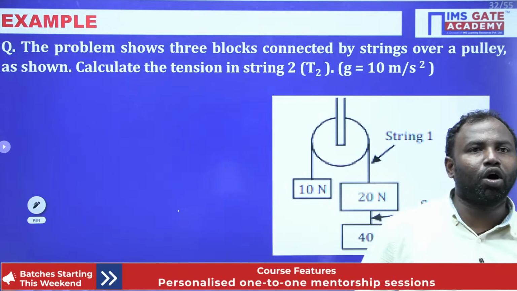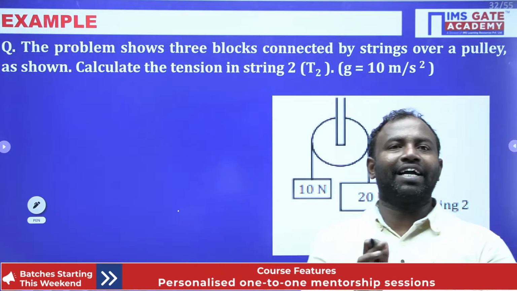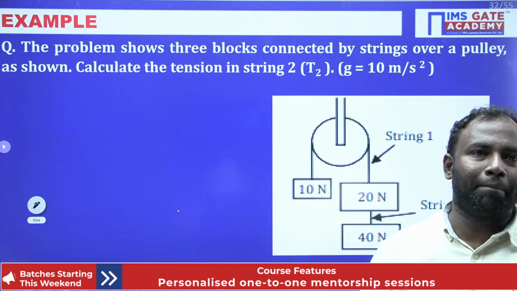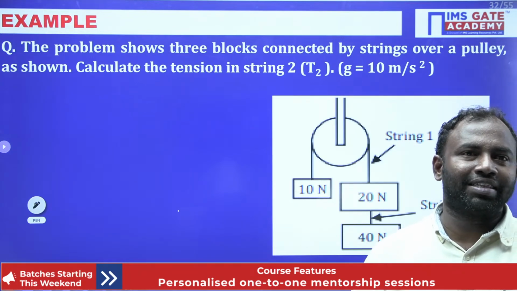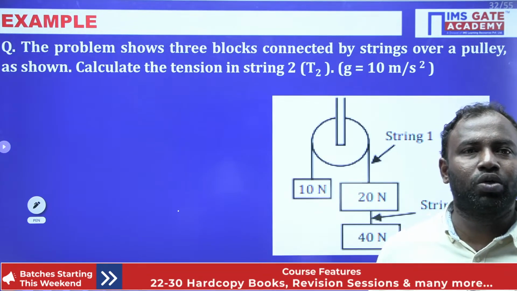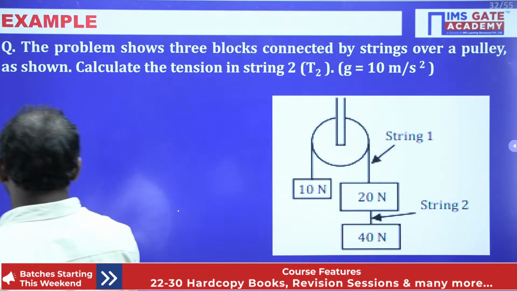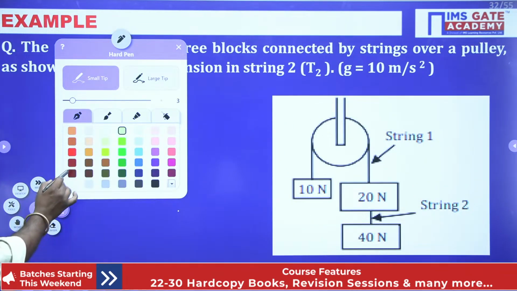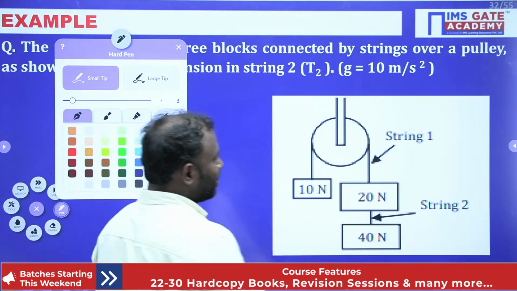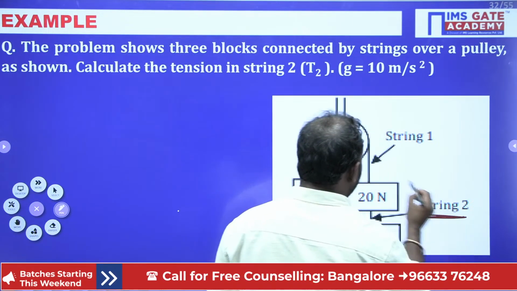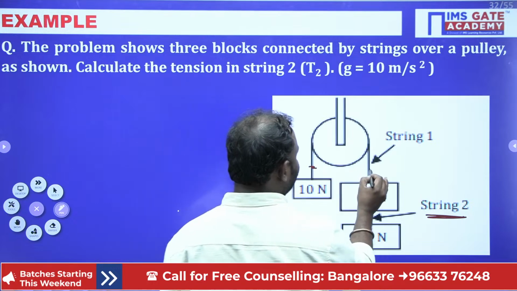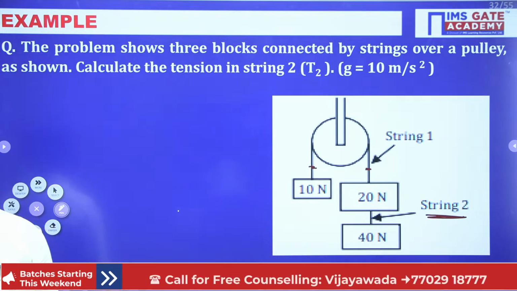The problem shows three blocks connected by strings over a pulley. As shown in, calculate the tension in string 2. Okay. Right. Now here, can you able to see that string 2, guys? Now here, this is your string 2. Okay. Now this is your string 1. String 1. Right.